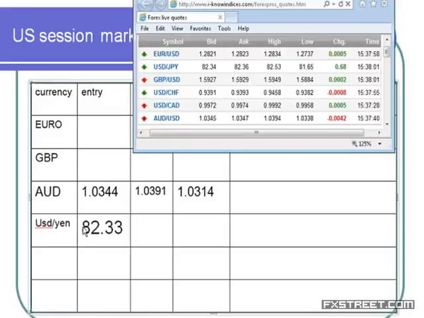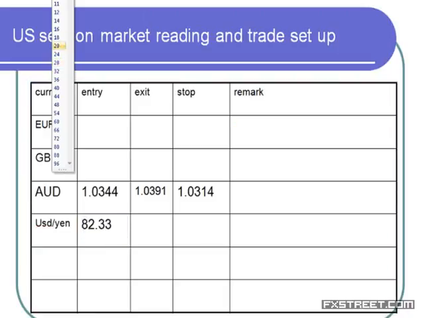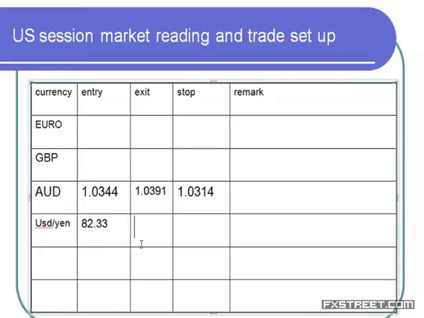I'll just keep a limit order at 82.33. Currently the market is slightly higher, so 1 or 2 pips, or 2-3 pips below that, you can keep the order. Once they fill it, you can just take it and keep the stop 30 pips below.